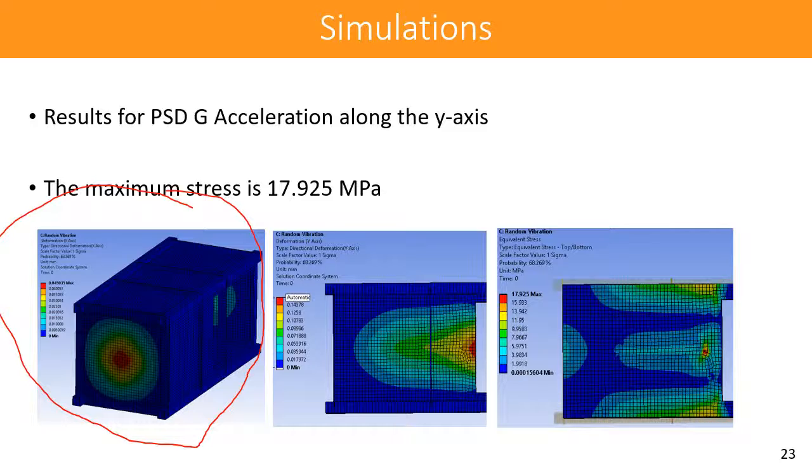For the deformation on the y-axis, which is the same as the z-axis, the maximum deformation occurred on the lateral plane here, and it's about 0.14 millimeters, which is also the location for the highest equivalent stress, which is 17.9 megapascals. It's here, and it's much lower than the carbon composite tensile strength, which is around 3.5 gigapascals.